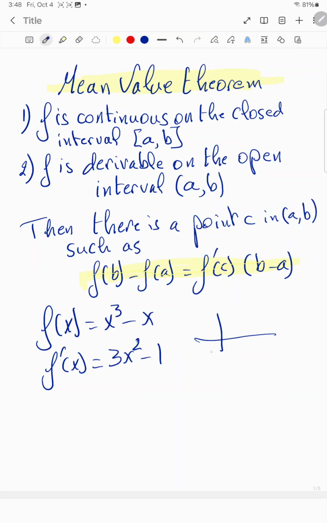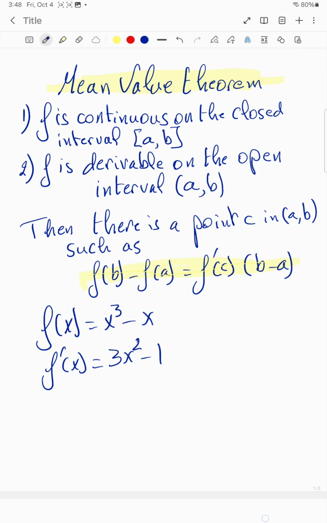If I want to draw that function, it should be something like that, and this is, let's say, my a and this is my b. So it should be continuous between a and b, and derivable between those 2 points a and b. That function is derivable everywhere and continuous everywhere. So I can use the mean value theorem.